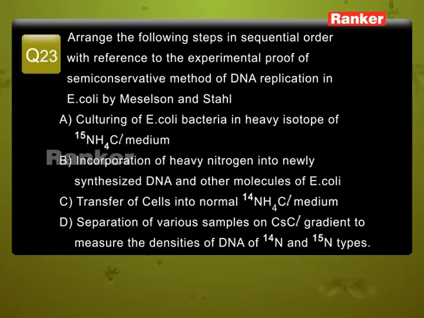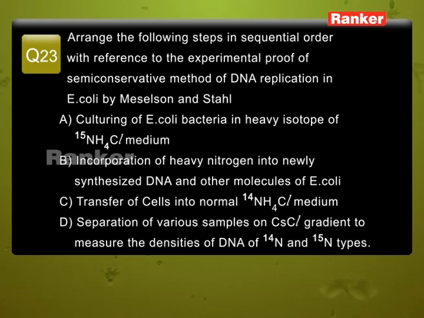Question number 23, arrange the following steps in sequential order with reference to the experimental proof of semi-conservative method of DNA replication in E. coli by Meselson and Stahl. Options: A. Culturing of E. coli bacteria in heavy isotope of N15H4Cl medium. B. Incorporation of heavy nitrogen into newly synthesized DNA and other molecules of E. coli.